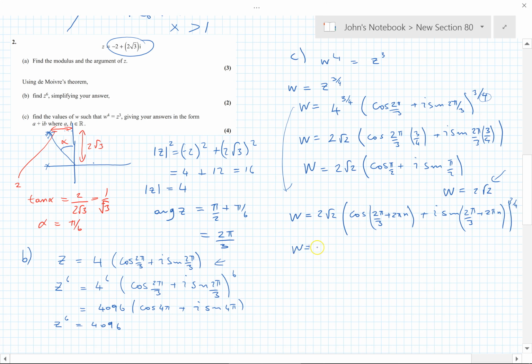So we have w is equal to 2 to the square root of 2, and then that's cos, let's write it out properly, pi over 3, and there's a 2 outside, 2 pi over 3, and then that's times by 1 plus 3n.